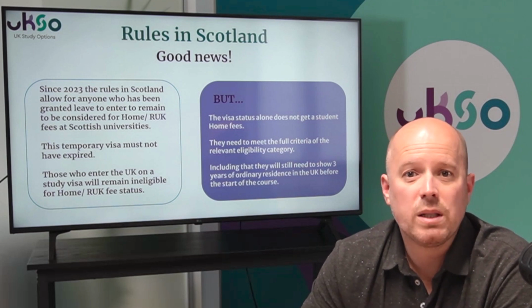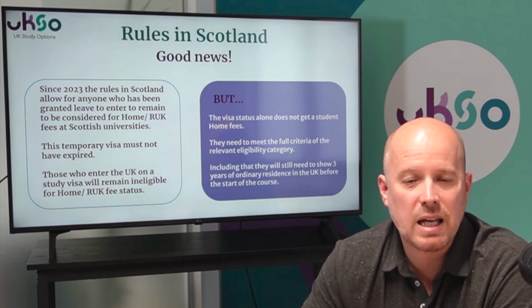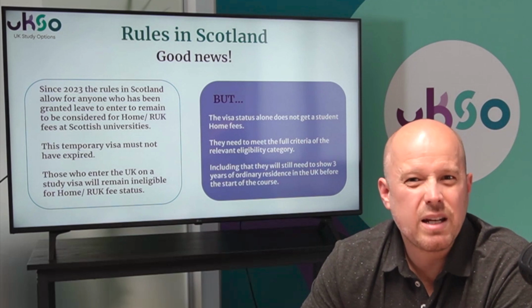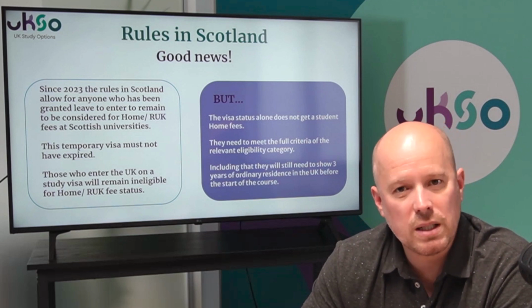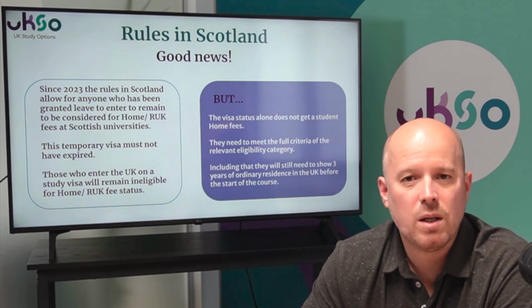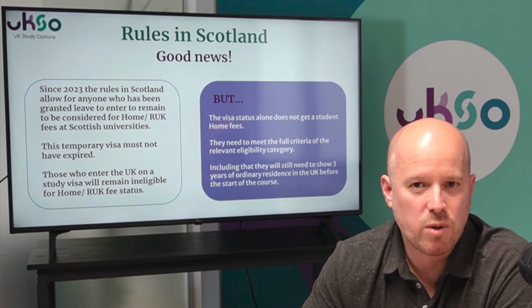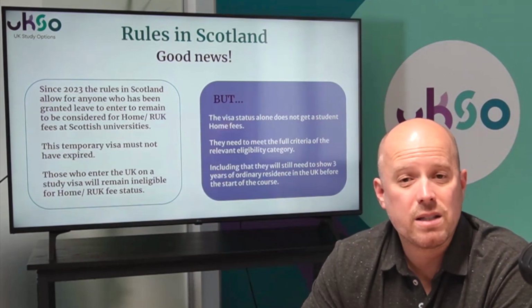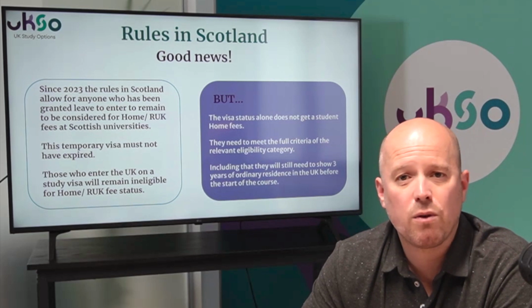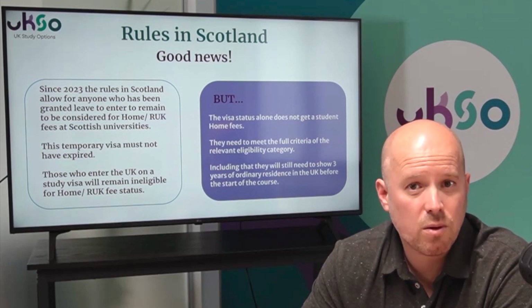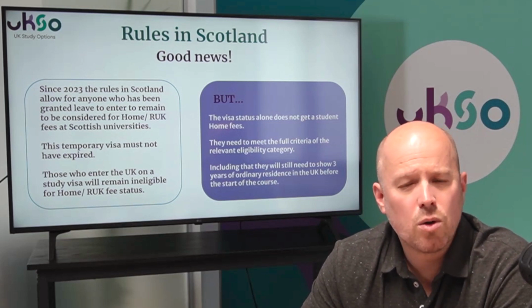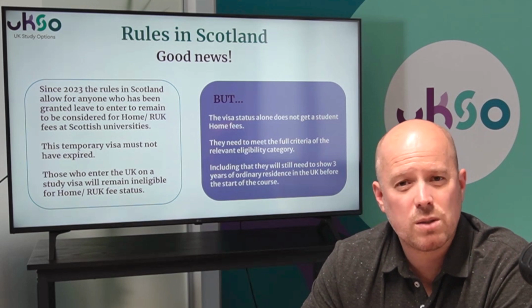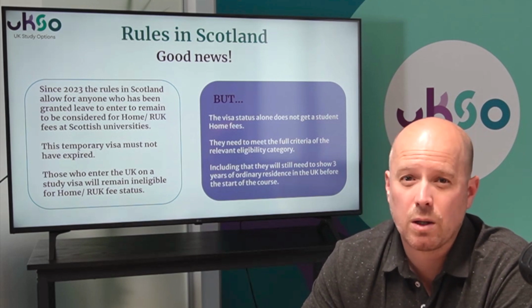Now, if you have been living permanently day to day in the UK, that is ordinary residence. If you've been living in the UK for all that time, you are undoubtedly ordinarily resident in the UK. Now, if you have been living outside of the UK for any reason during that 3-year period, your eligibility in respect to your ordinary residence will be in question.